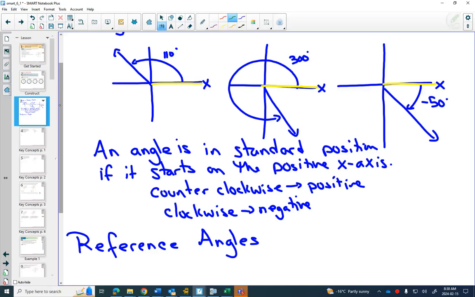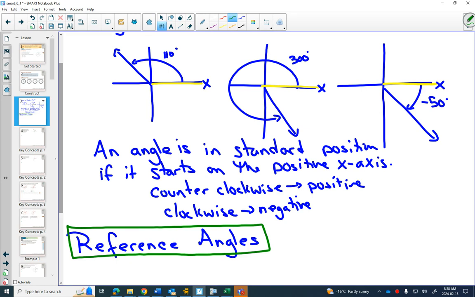So I'm going to put a green box around reference angles, and I'm going to label reference angles. Those are the 3 reference angles for those 3 angles.